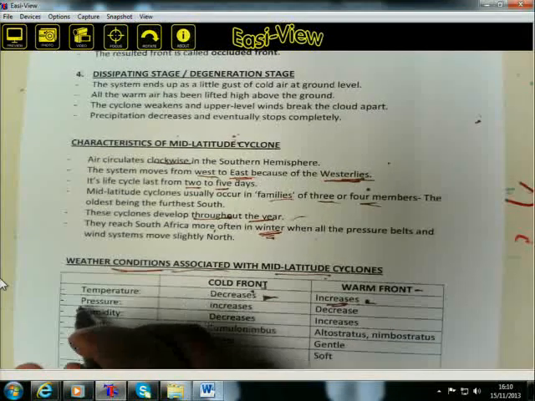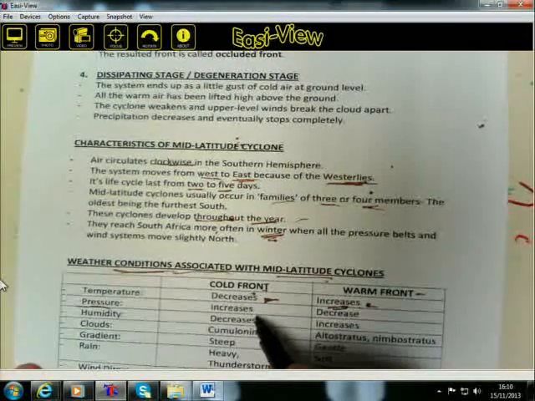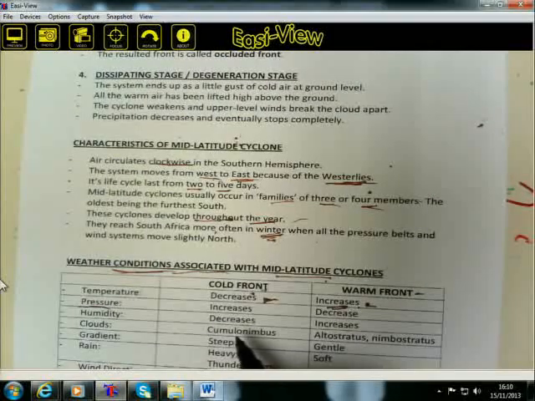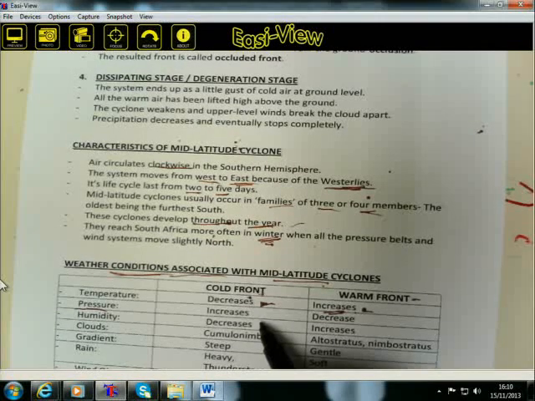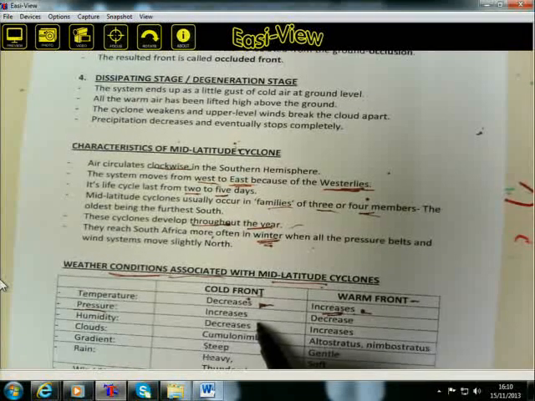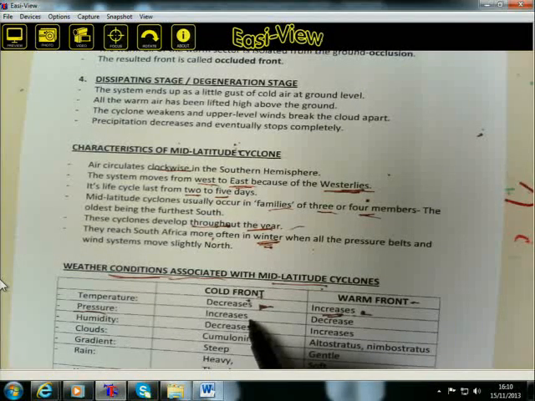What about the pressure? When the cold front approaches, the pressure increases. When the cold front approaches, the pressure will be high. There will be high pressure.